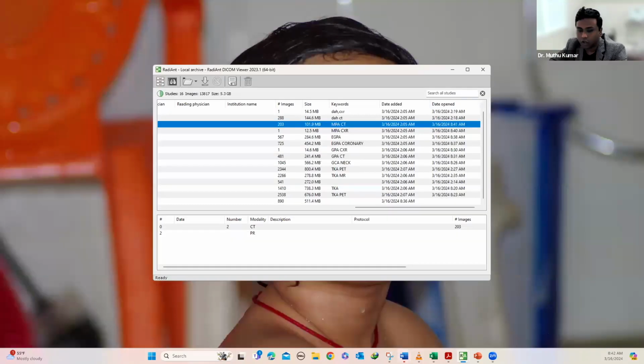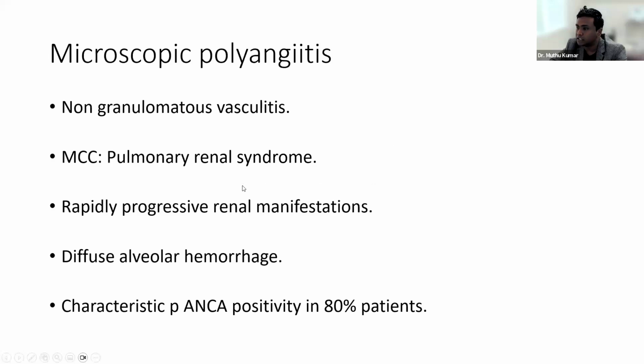And the common pulmonary renal syndrome we encounter in thoracic imaging is microscopic polyangiitis. So this is a patient who had non-granulomatous vasculitis. This is the most common cause of pulmonary renal syndrome.